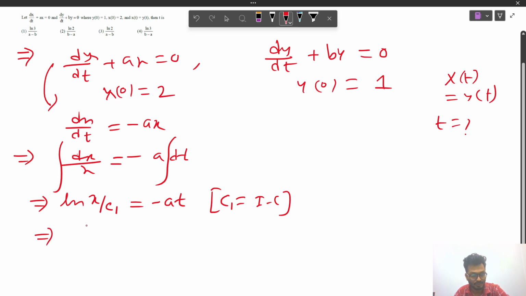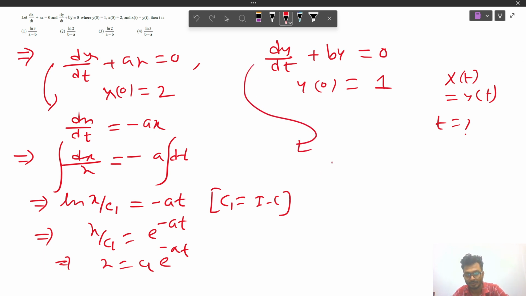So x by c1 equals to e to the power minus at, right? So this implies that x equals to c1 e to the power minus at. And similarly, this is the same equation, so we get y equals to another constant c2 into e to the power minus bt.